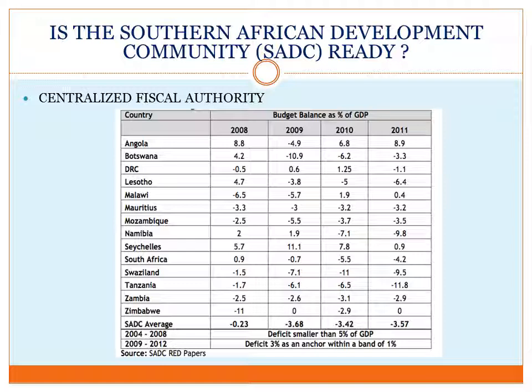For example, Namibia's budget deficit was 9.8% of the GDP in 2011, while Angola had a budget surplus of about 8.9% of her GDP. Taxing well-performing countries could suppress growth in these countries, and hence they will have a low incentive to join a monetary union because they will lose by joining the club. On this note, we will look at some of the lessons that the SADC region can learn from the EU.